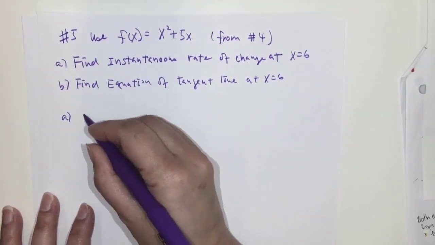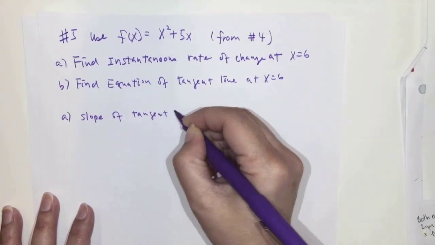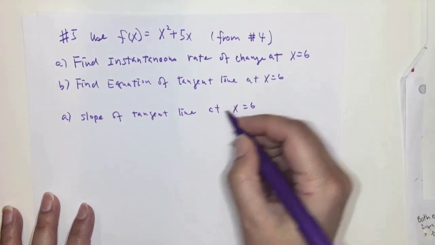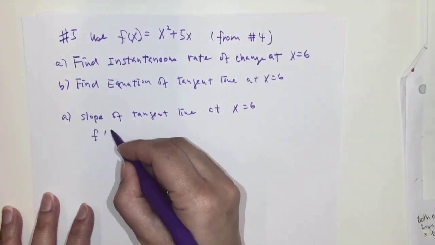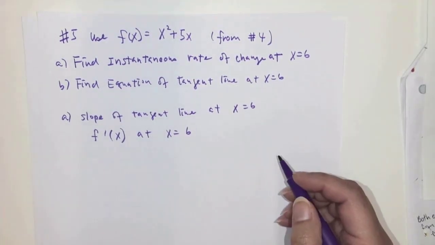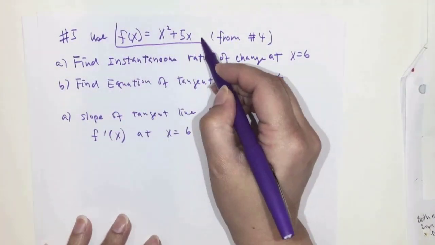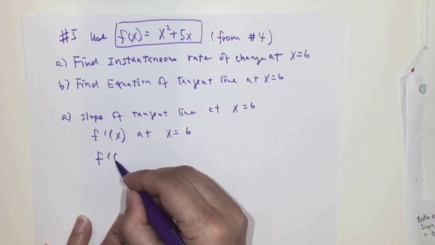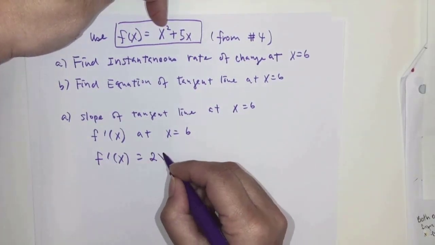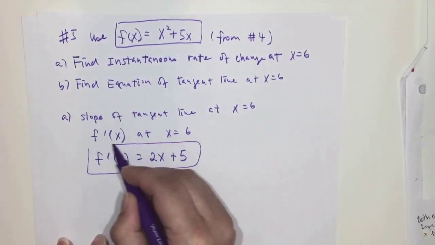So a is the same as the slope of the tangent line, or the instantaneous rate of change at x equal to 6, which means I want to find f prime of x at x equal to 6, right? We found f prime of x, or we can just do that very quickly. f prime of x is going to be, this is x squared, taking the derivative would be 2x, right? And then 5x will become just 5, right? So this is your f prime of x.